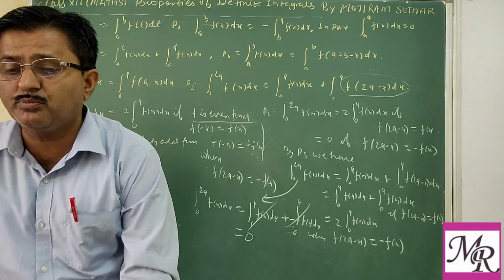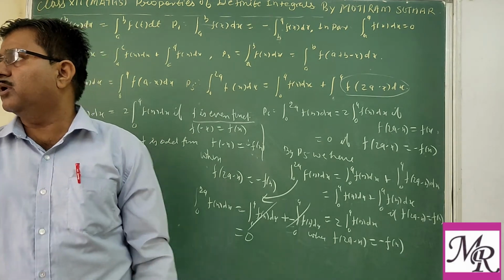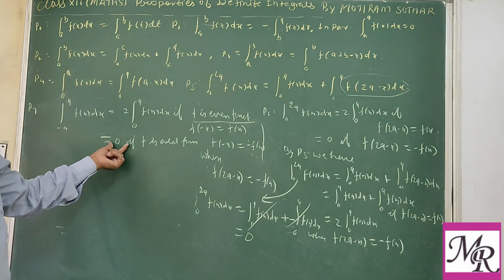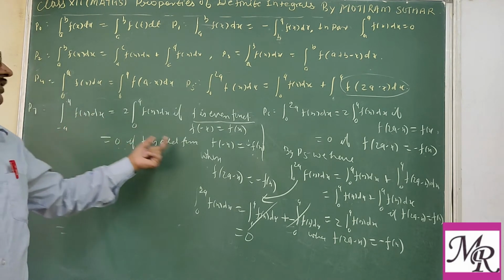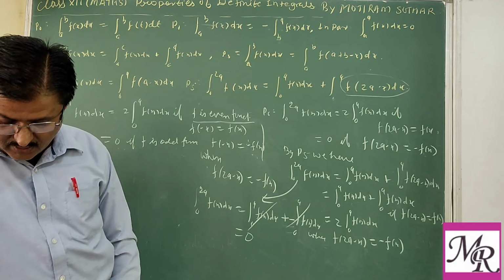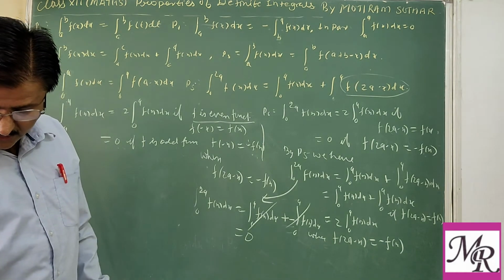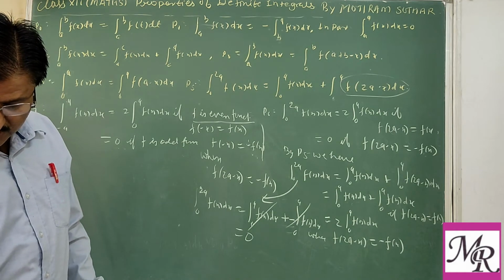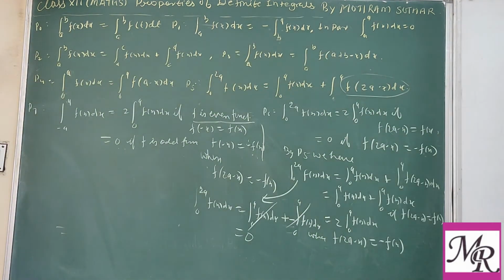By using properties only, one can say the value of the definite integral is 0. You only have to check whether the integrand is an odd function. So these are some properties which you have to revise, and then we will solve some examples depending on these problems.